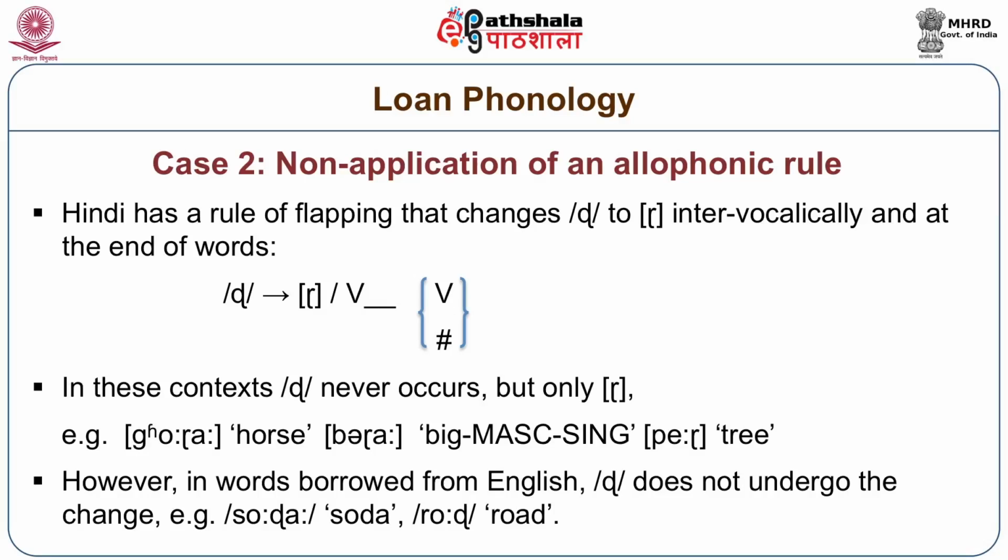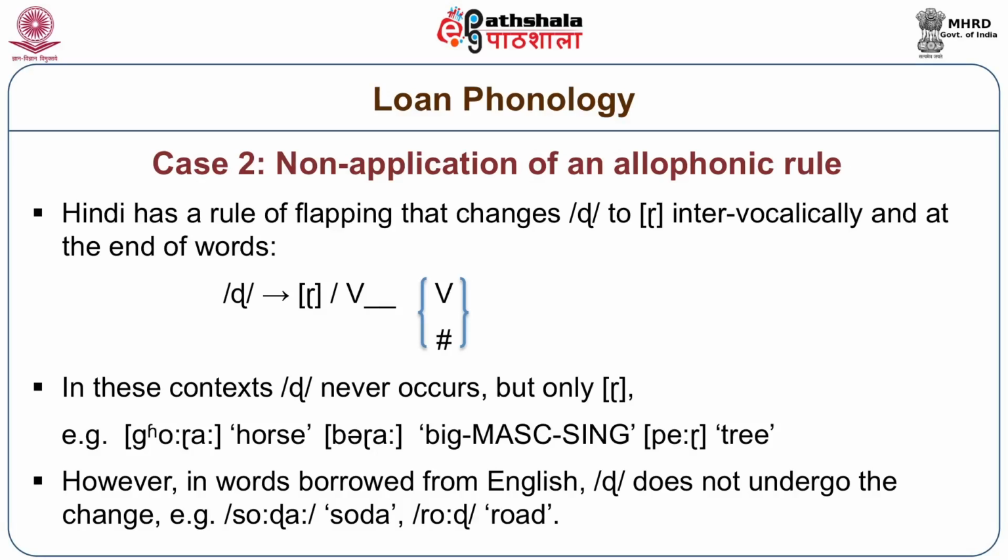Let us say in Hindi we have a rule which says the voiced retroflex consonant da becomes a flap. This is also a general rule in a lot of Indic languages. So that the context is between two vowels. Between two vowels, in Hindi, you do not hear a da but a ra.